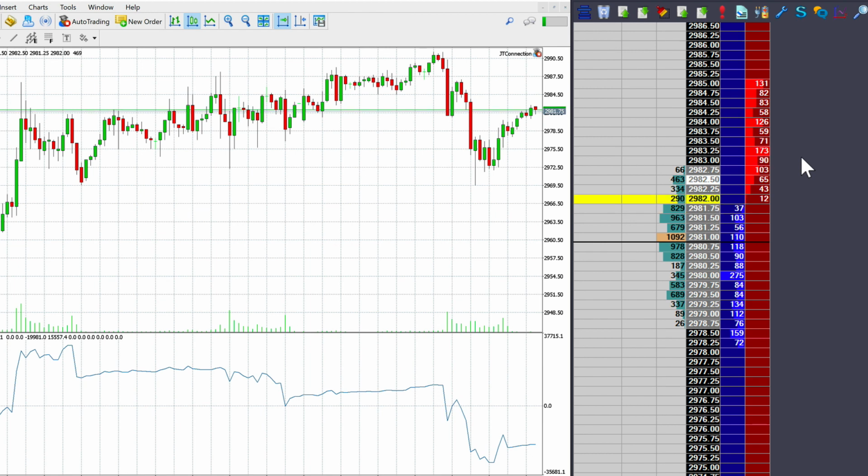And then if it was really liquid, it would be like, I guess if you've ever traded the treasuries over in the US, the interest rates, like the 10-year bonds and all that stuff. I haven't looked at those for a while, but they are traditionally very, very liquid, which means you have thousands of contracts on each side, thousands on the sell side, thousands on the buy side, which means it takes a long time to go through 3,000 contracts.